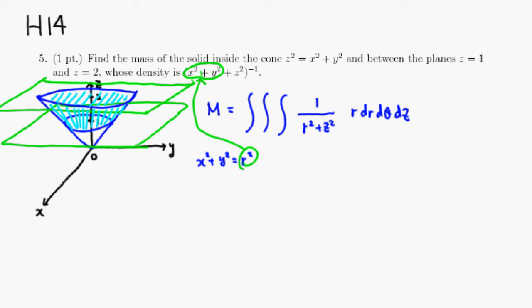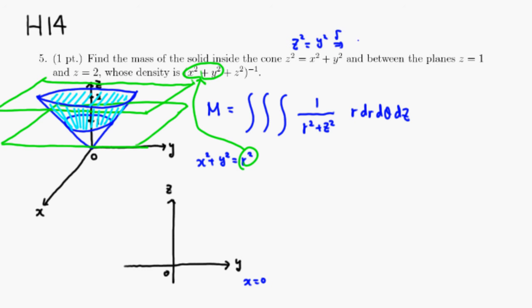I'm going to look at the cross section, slicing by the yz plane. It's going to look like this. Here is y, and the yz plane. The yz plane is x equals 0. If you plug x equals 0 in here, we get z squared equals y squared.